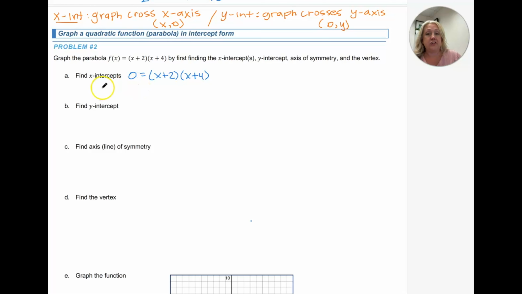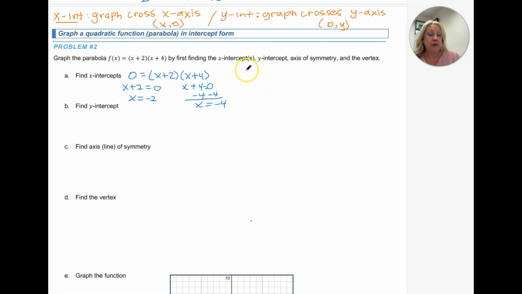Then we set each of those parts equal to 0 and solve. So x plus 2 equals 0, and x plus 4 equals 0. When I subtract the 2 over, I get x equals negative 2, and when I subtract the 4 over, I get x equals negative 4.